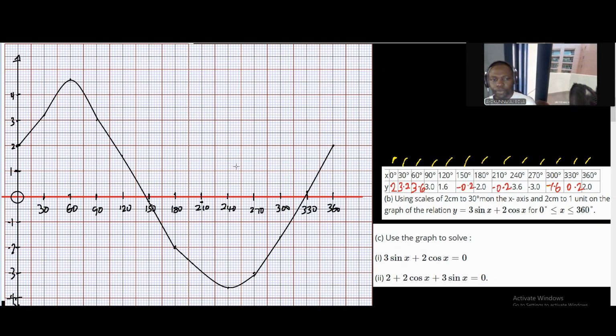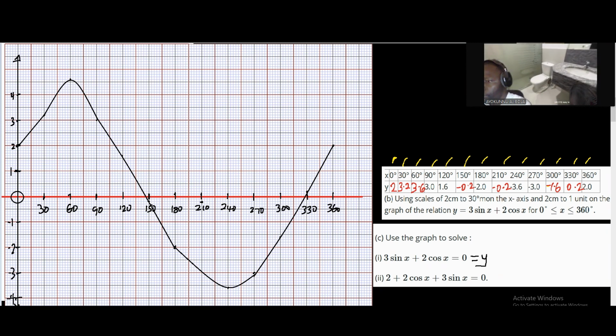For the first one, since it has been given that the equation equals 0, and that is y, okay? Yes, sir. We're just going to trace the graph and find what is the value of x when y equals 0, okay? Yes, sir.